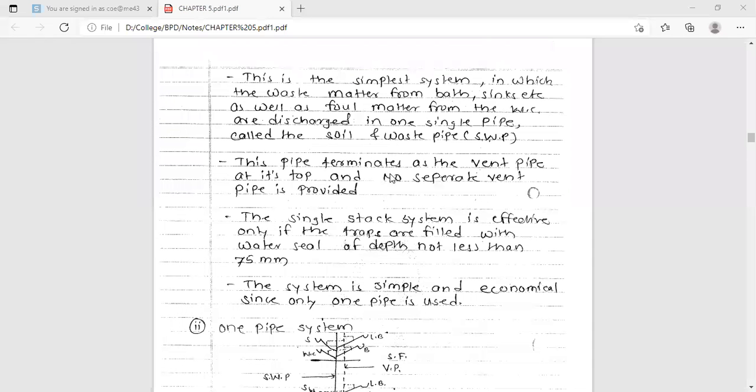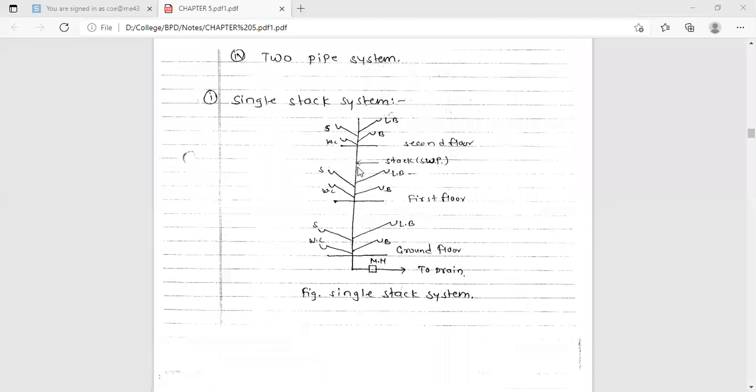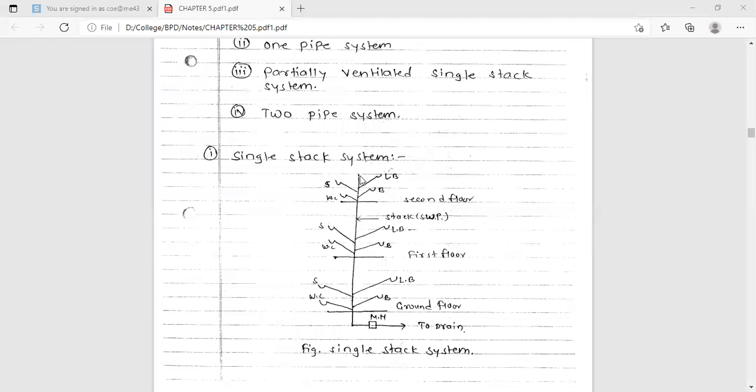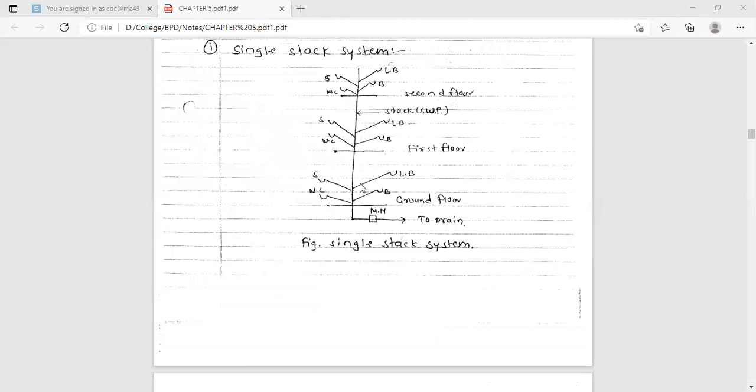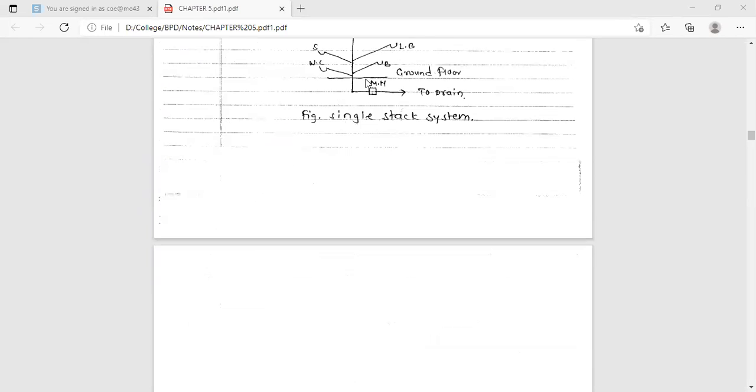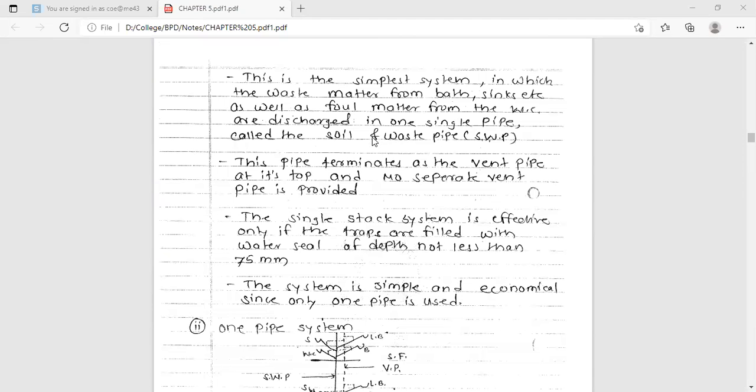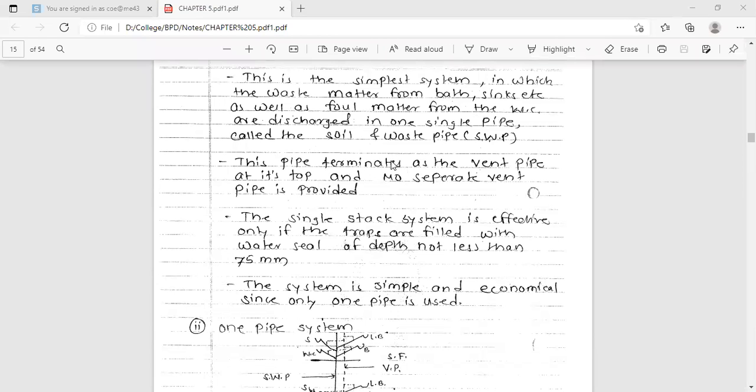This pipe terminates as the vent pipe at its top, and no separate pipe is provided. At the top surface, its end is kept open, so whatever foul gases are there will be removed from that opening. Due to that, we are not going to provide a separate vent pipe in a single stack system.